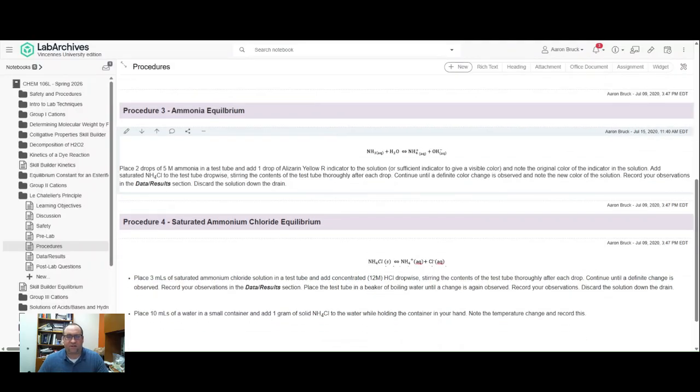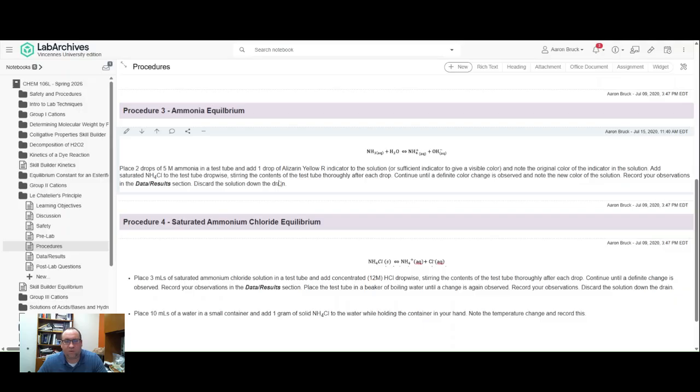In the third system, we are going to be looking at this ammonia equilibrium. So we are looking at aqueous ammonia versus its ionized form. What happens when that aqueous ammonia reacts with water in solution to make ions? This is basically the fabric of what a weak base does in solution.